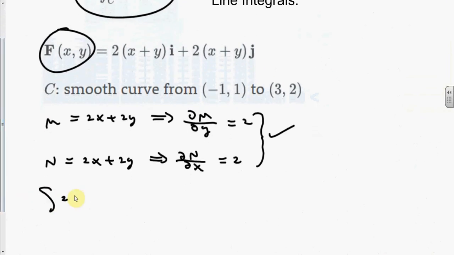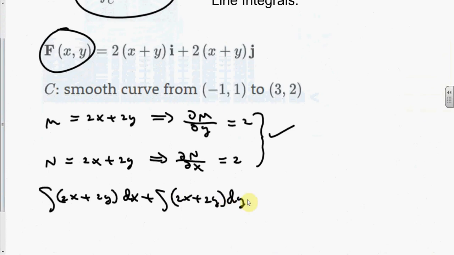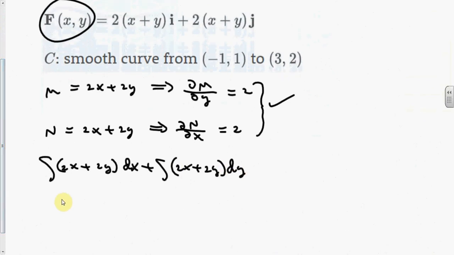This is the integral of 2x plus 2y dx plus the integral of 2x plus 2y dy. So this gives us here x squared plus 2xy plus 2xy plus y squared plus c.